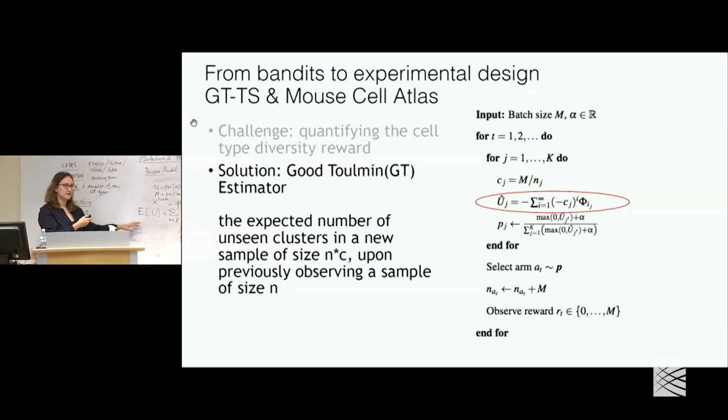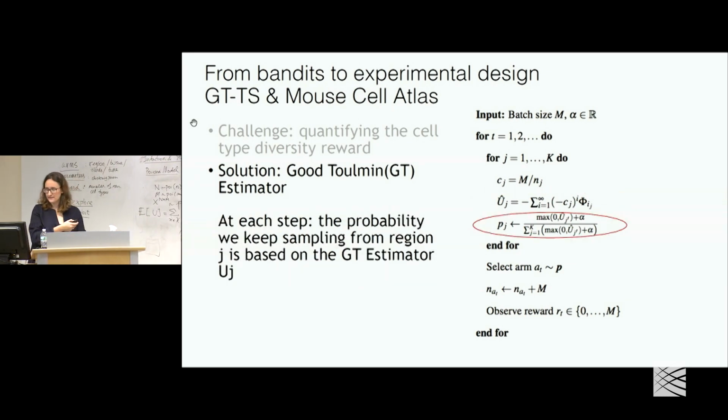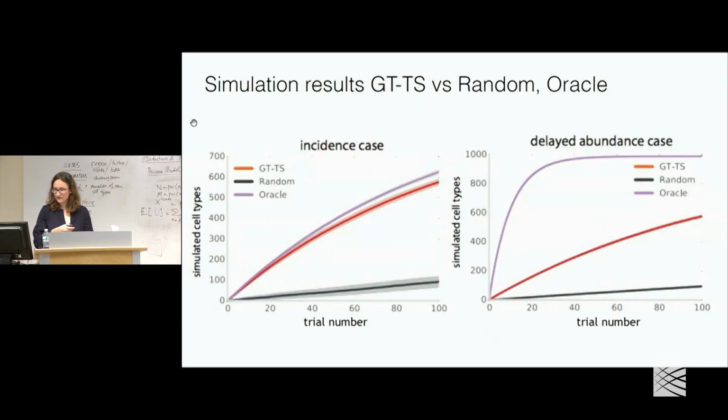So basically, you have an estimate U for each particular region you consider. And at each moment in time, you're trying to allocate cells according to this probabilistic scheme in which there is this discount parameter alpha, because sometimes the estimator might go under 0, and you also don't want to completely lose interest in a region that might seem not diverse at the beginning.